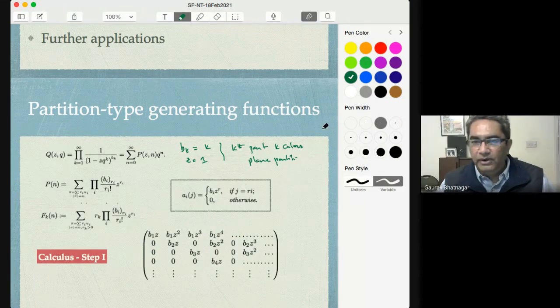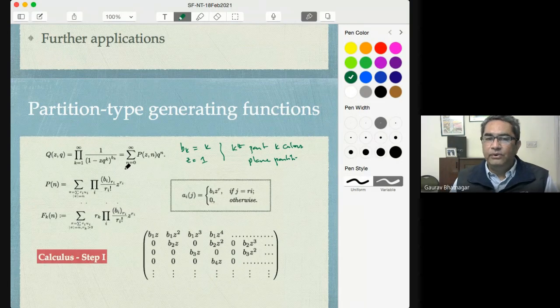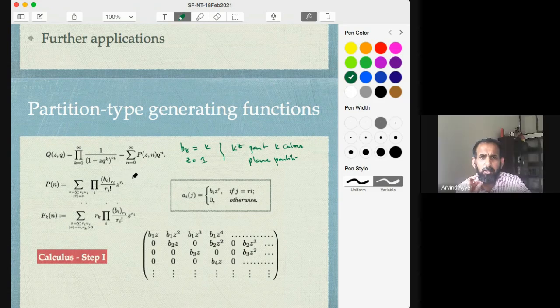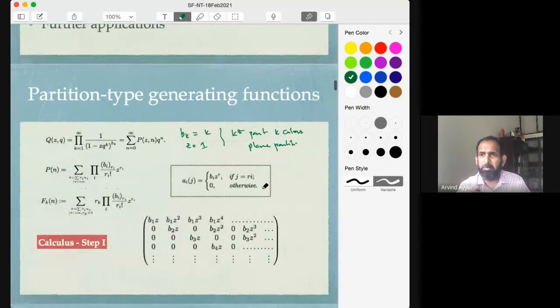But your level of formulas, I don't know, they don't have such generating functions, right? No, wait. The fact that b_k equals k also enumerates plane partitions.